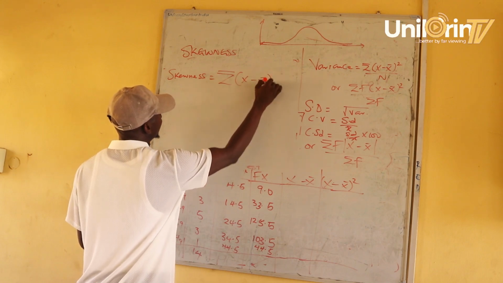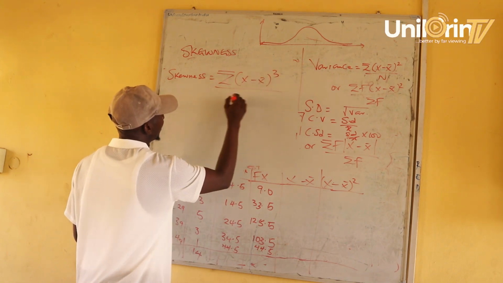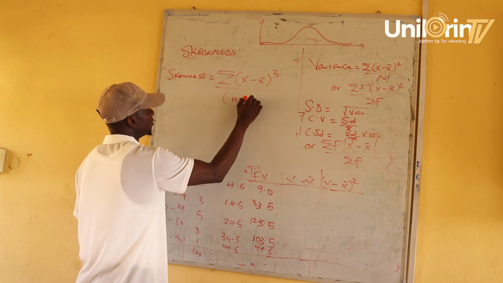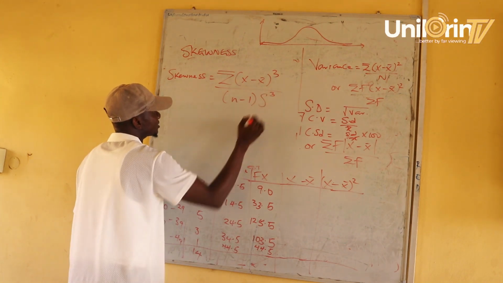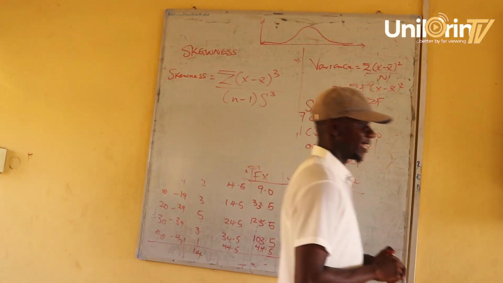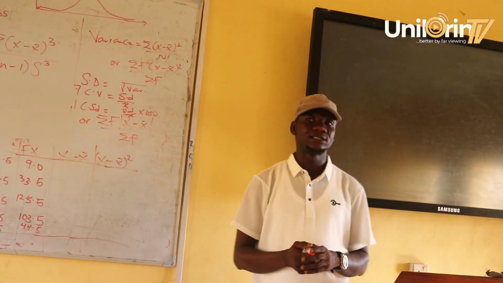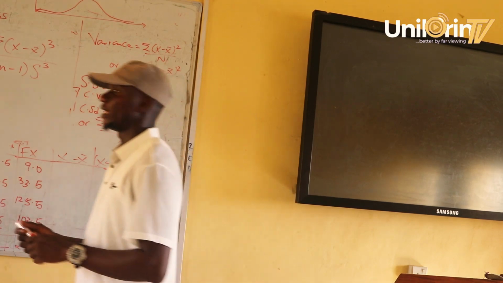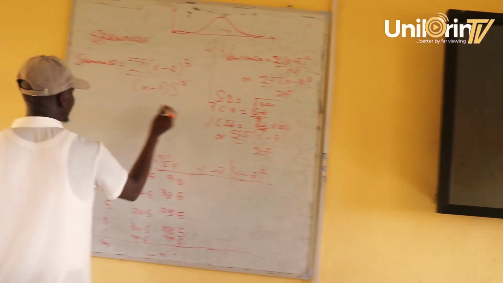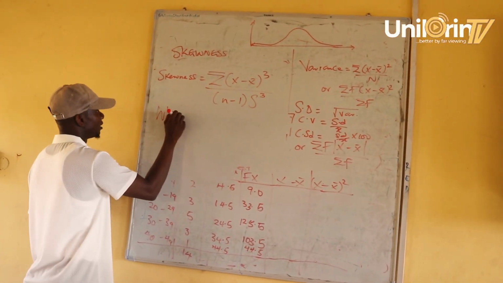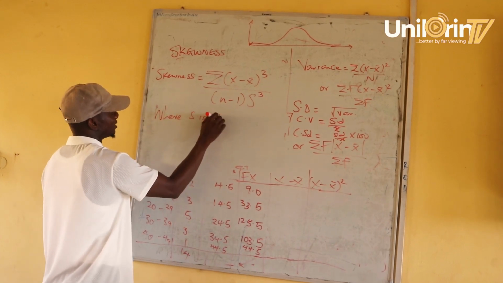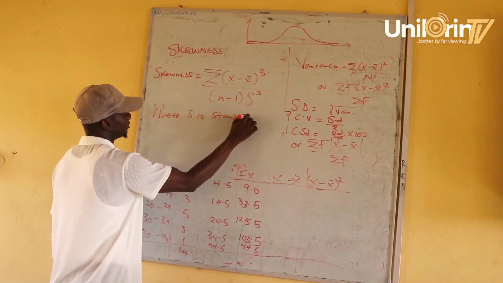Skewness is the summation of x minus x bar cubed over n minus 1 times s cubed, where s is our standard deviation.